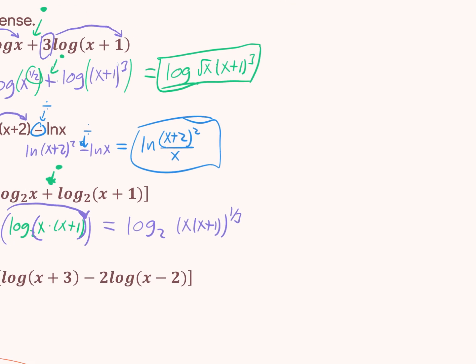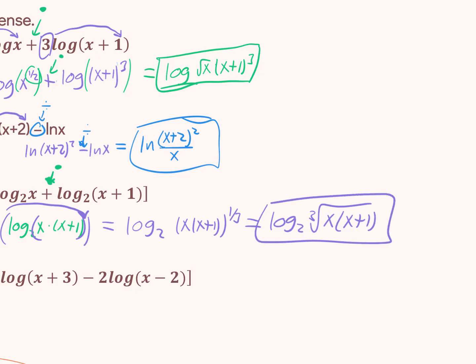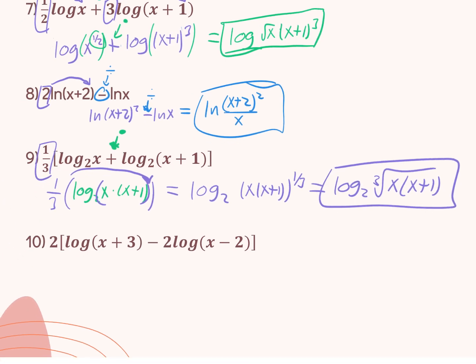And then 1/3 we can rewrite as the cube root, right? So don't forget that step as well, right? 1/3 is the same as cube root of x times x plus 1, right? And then this is fully condensed, right? No more coefficients, no more plus and minuses between our logs, right? There's only one log, all right?